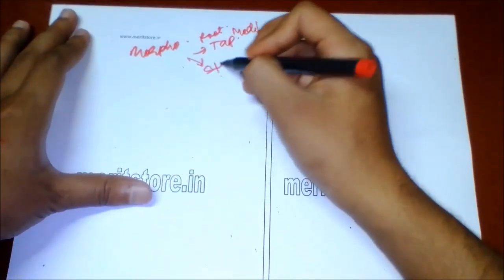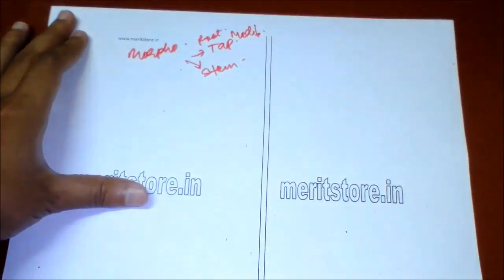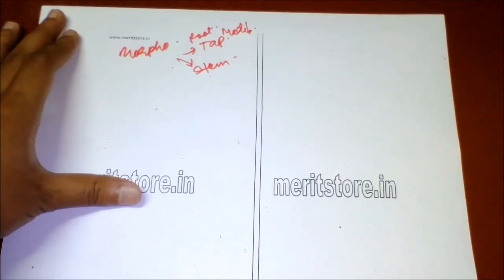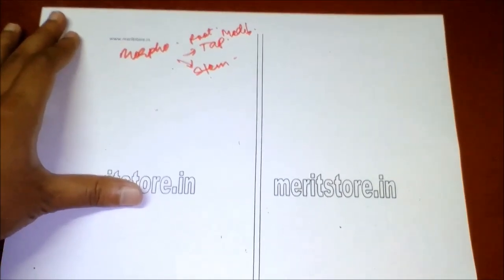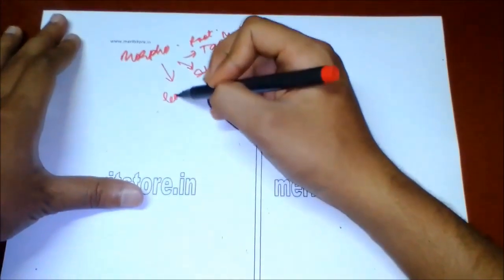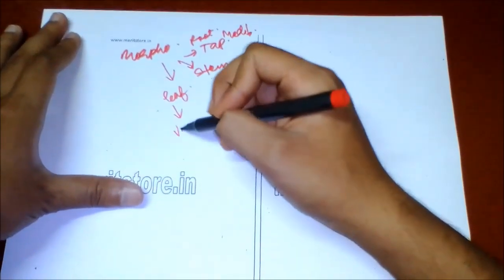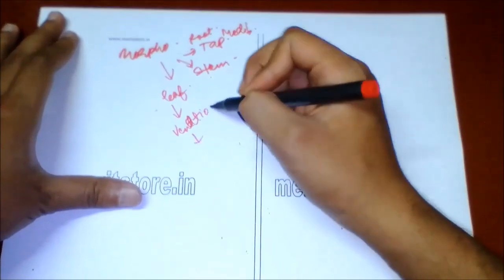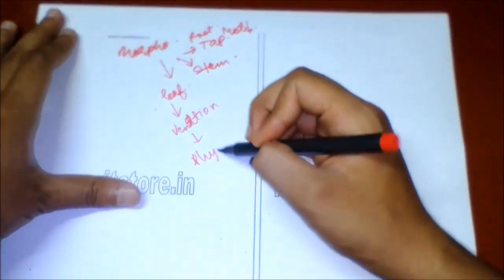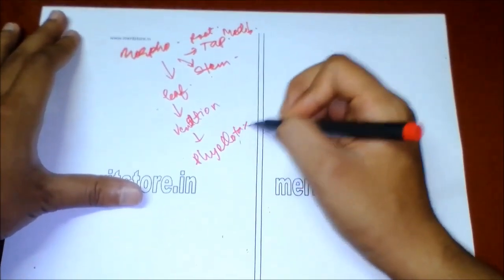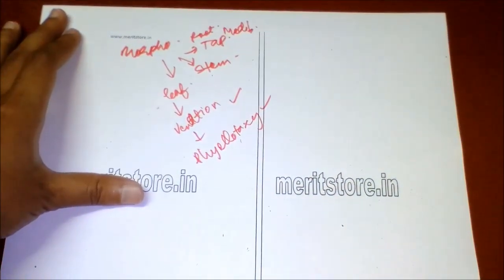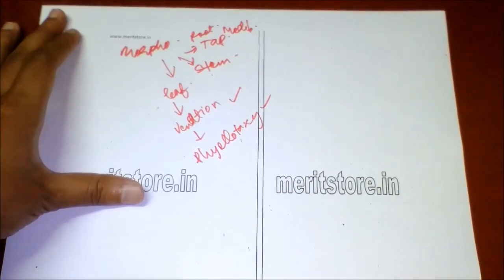Then comes the stem, different types of modifications of stem and their examples, leaf, venation, different types of venation and their examples, phyllotaxy. The venations and phyllotaxy are mostly asked, and the root part.